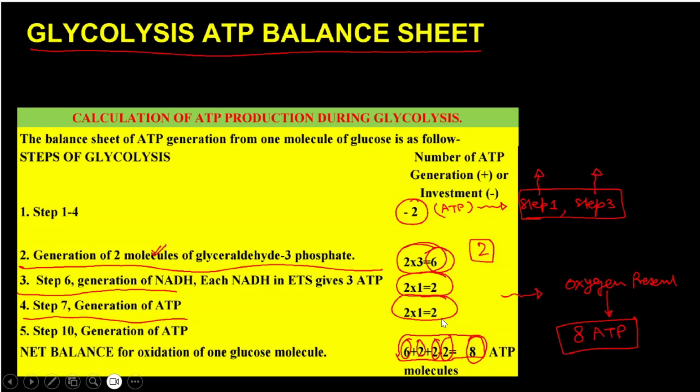So we have generated 6 plus 2 plus 2, that is 10. And 2 molecules of ATP we have used, so the total ATP molecules we get at the end is 8 ATPs.